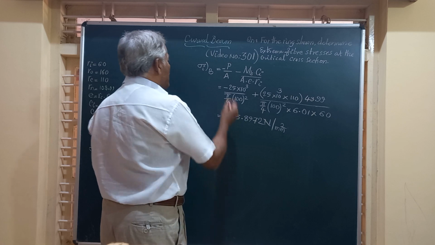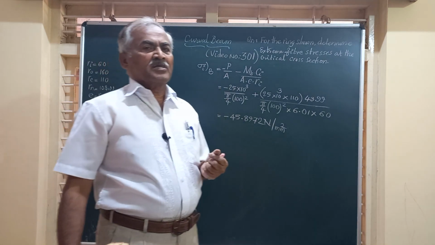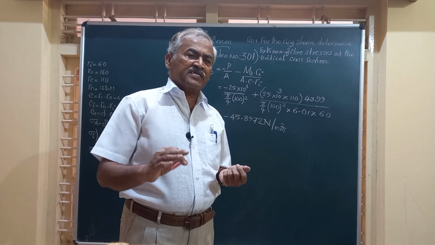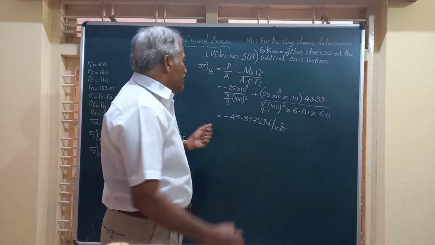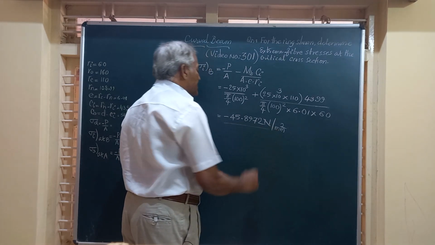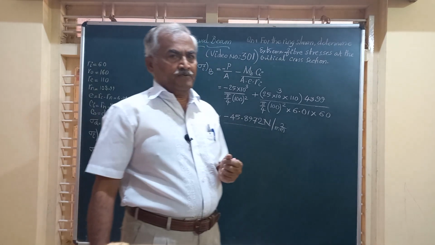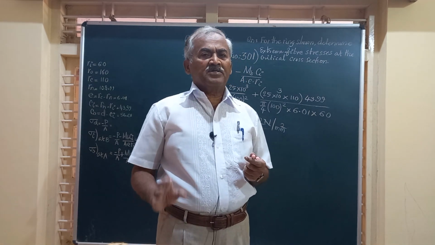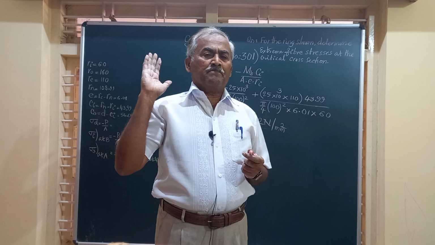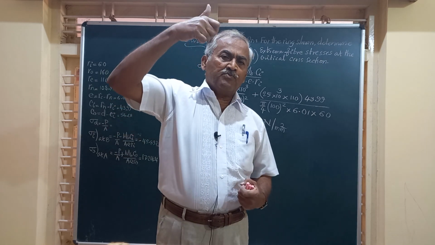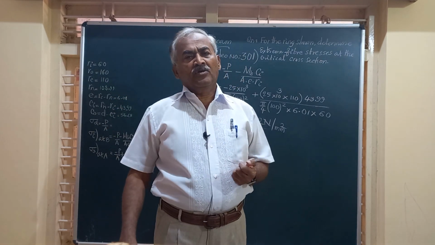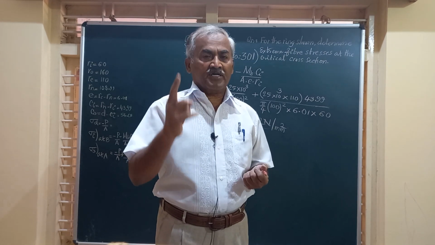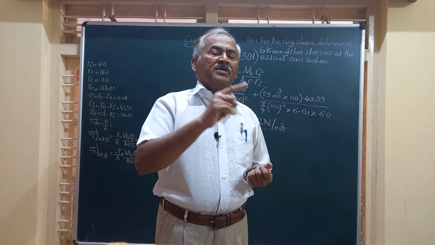Friends, we are able to calculate the extreme fiber stresses, that is the addition of the direct stress and the secondary stress, and the value works out to minus 45.8972. And friends, remember this important concept that in any curved beam, whether it is subjected to a pull or to a compression, if one of the stresses at the extreme fiber is positive, the other will be negative.